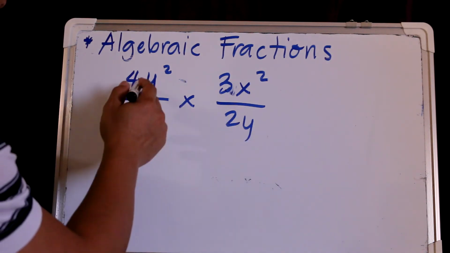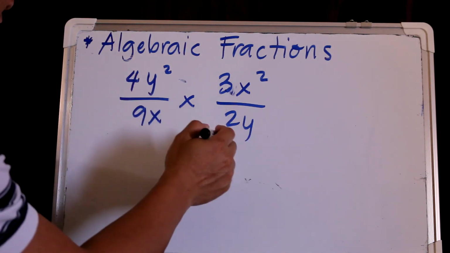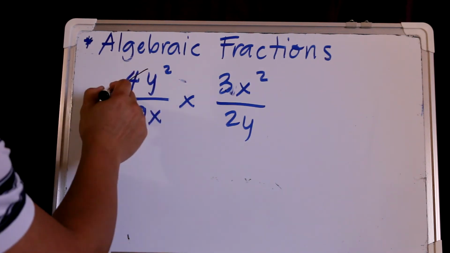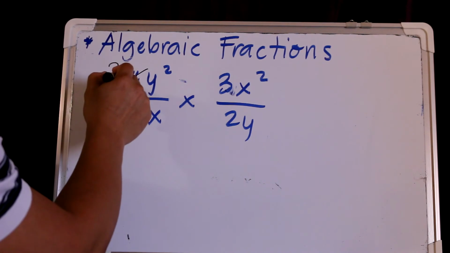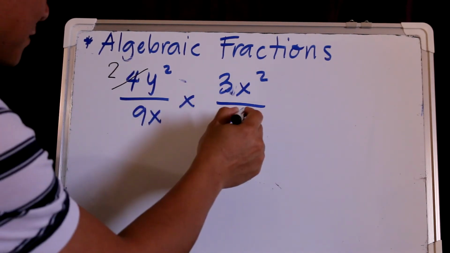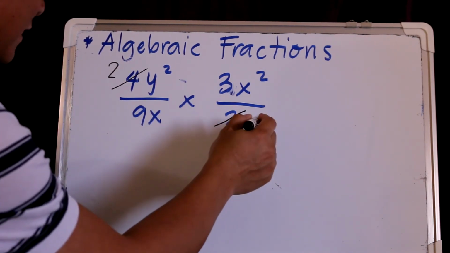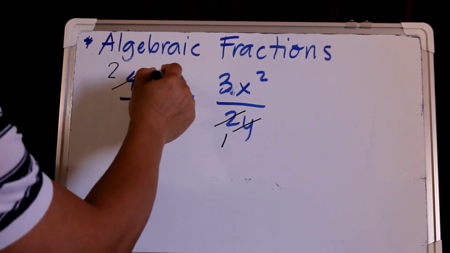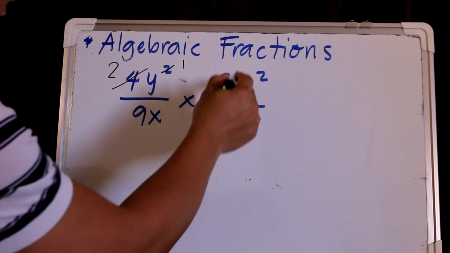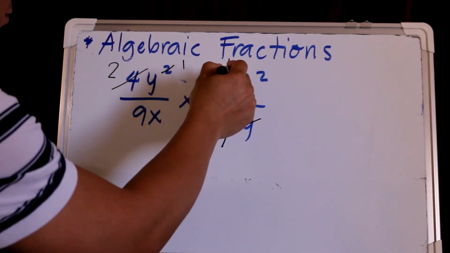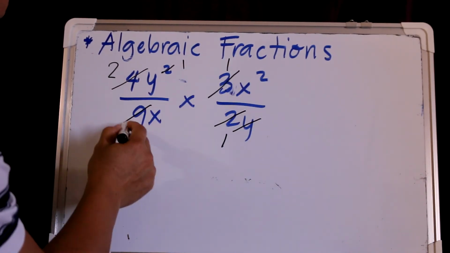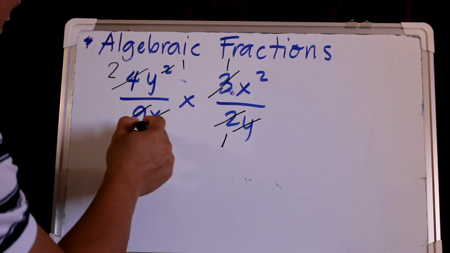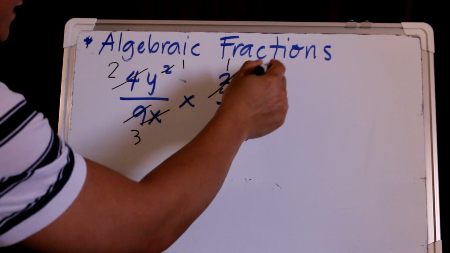For example, this 4 and 2 here, we can reduce it. So this becomes 2 right here, this becomes 1, and this becomes cancelled out, becomes 1, this becomes 1 right here, and then 3 becomes 1, 9 becomes 3, and then x cancels, and then 1 here.